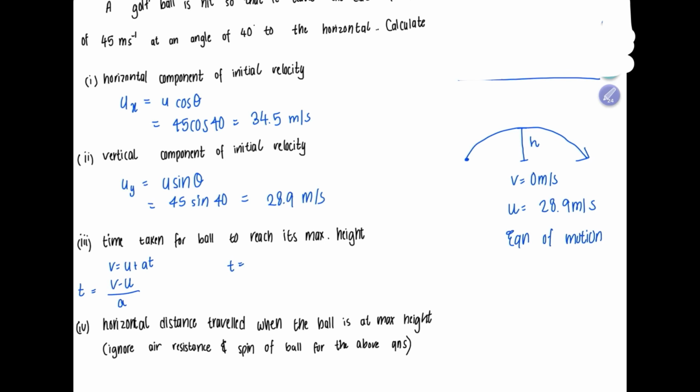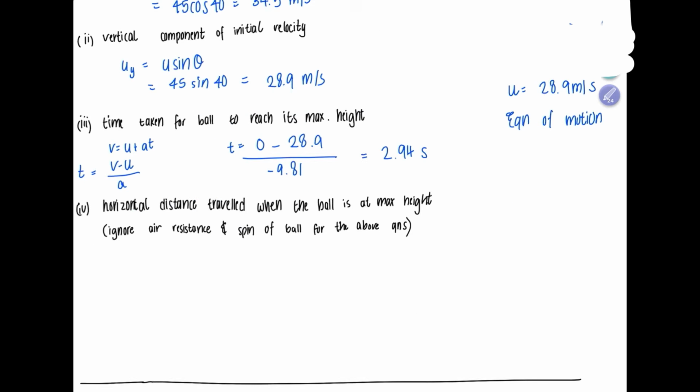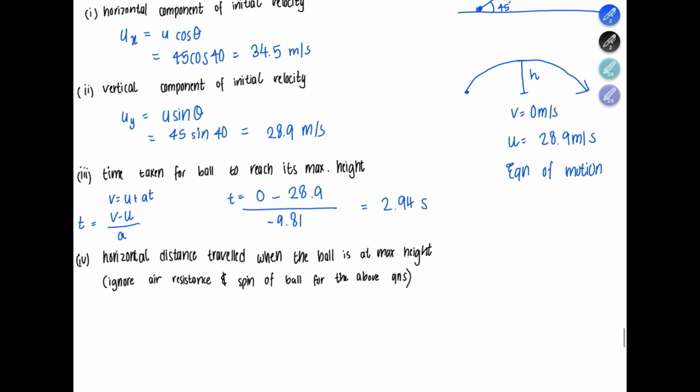So t is going to be final velocity 0 minus 28.9. What about the value of acceleration? This is going to be g, but since this ball is rising, it's going to have negative a. It's going to be negative 9.81. You will get 2.94.